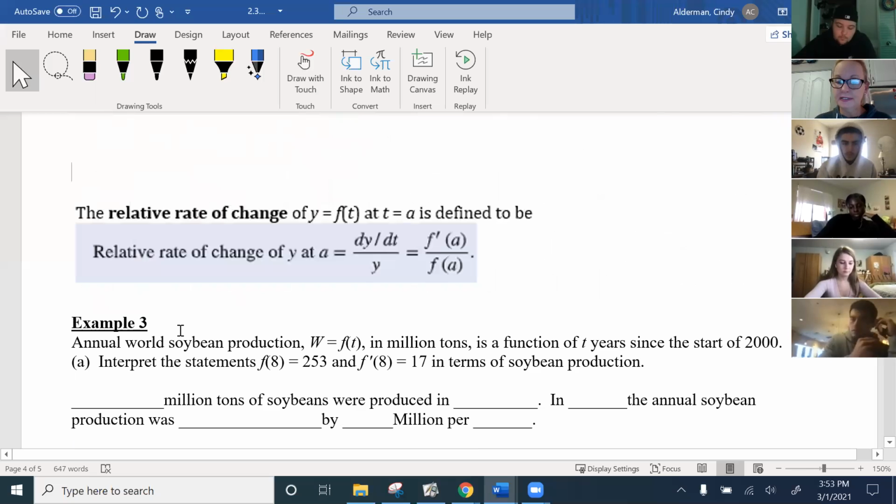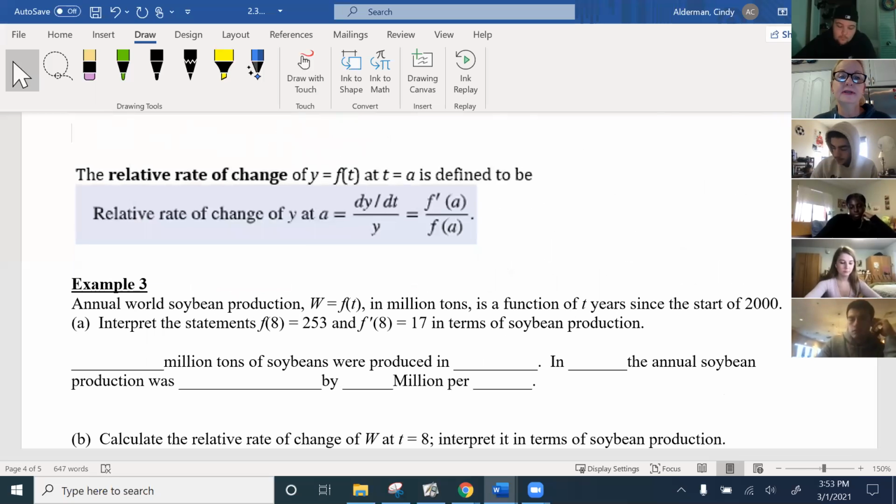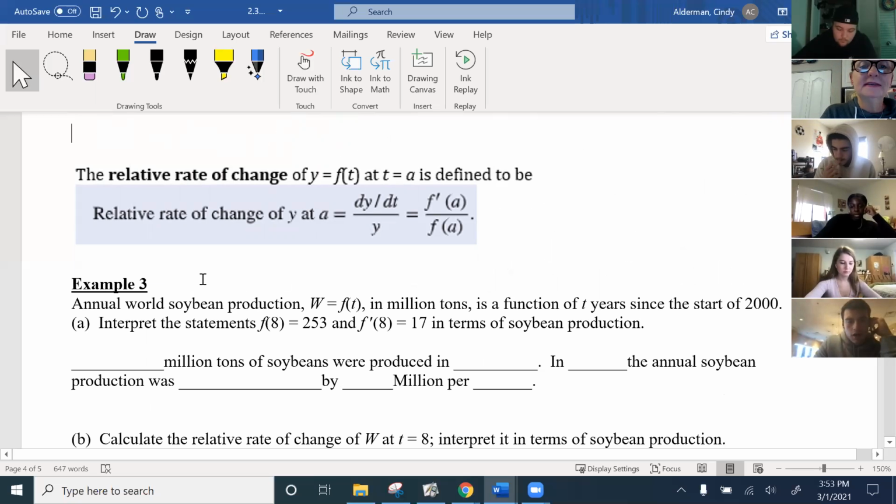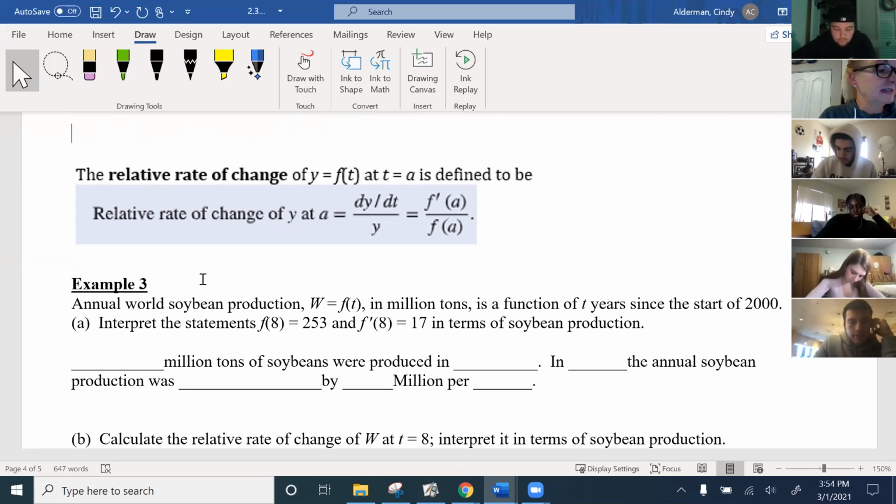So here's a new topic. This is relative rate of change. We haven't done this yet. We have done relative change, but not relative rate of change. This is Leibniz notation, dy/dt over y. You can find the relative rate of change of y = f(t) at a certain value of a.